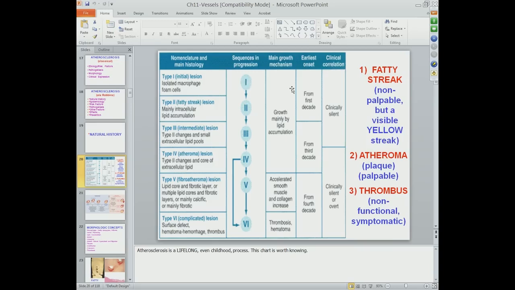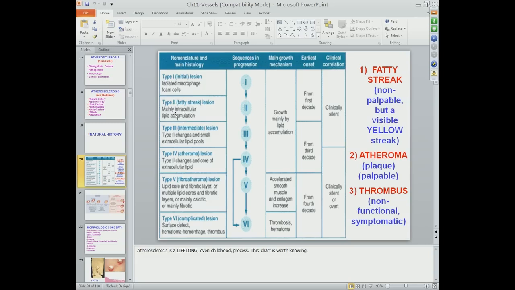When does it start? Look at this. The first decade of life. Not just kids, but little kids. The first grossly recognizable lesion, which we can see at autopsies on young people, is something called a fatty streak. And all that is more macrophage foam cells filled with cholesterol, lipids.